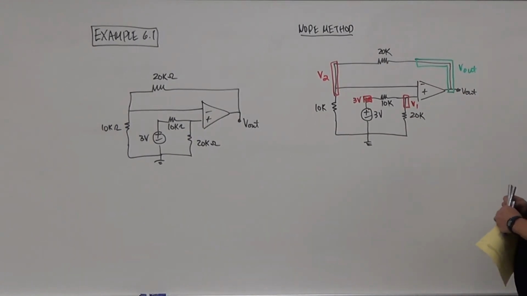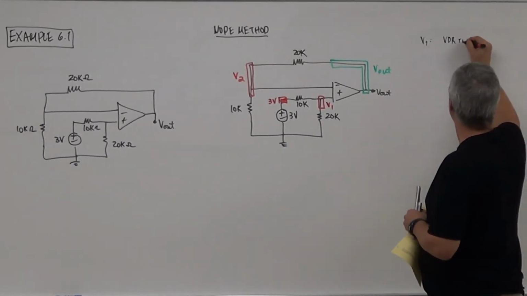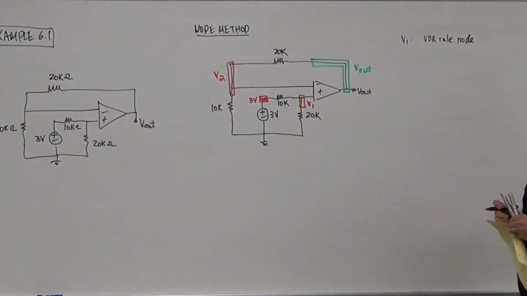The first thing I'm going to look at is V1. This is really just the voltage divider rule. I could write a node equation for it, and I'd get the exact same answer.